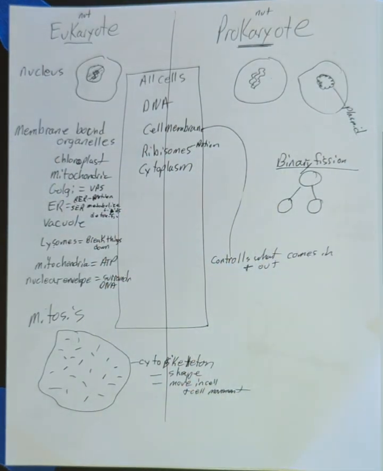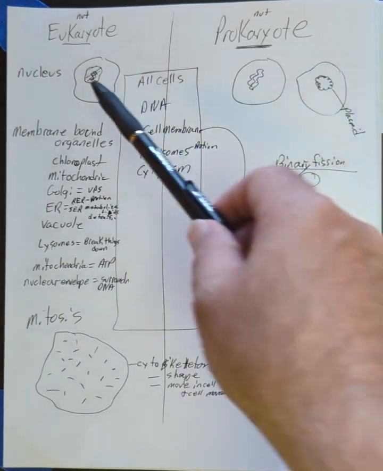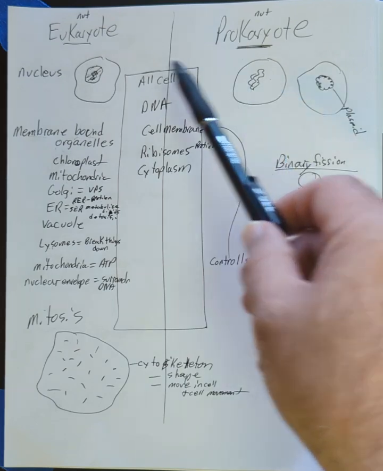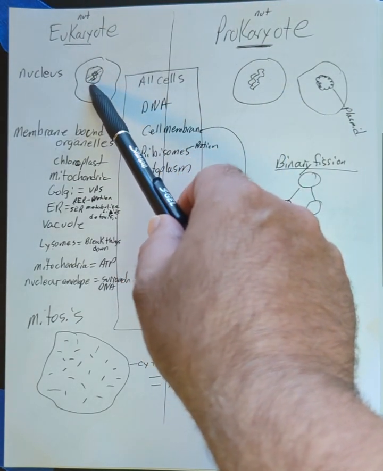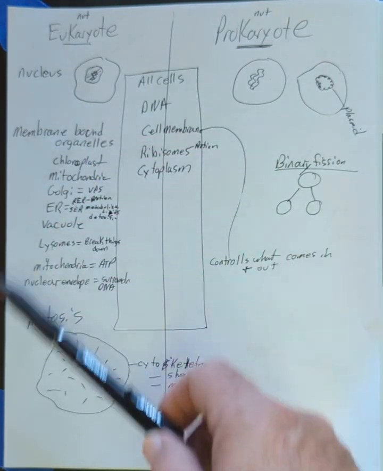What it was is when they looked through the microscope at cells for the first time, they noticed that some cells had this little thing in the cell and some did not. And that thing was the nucleus. So that's what they were calling the nut, like the walnut or whatever.